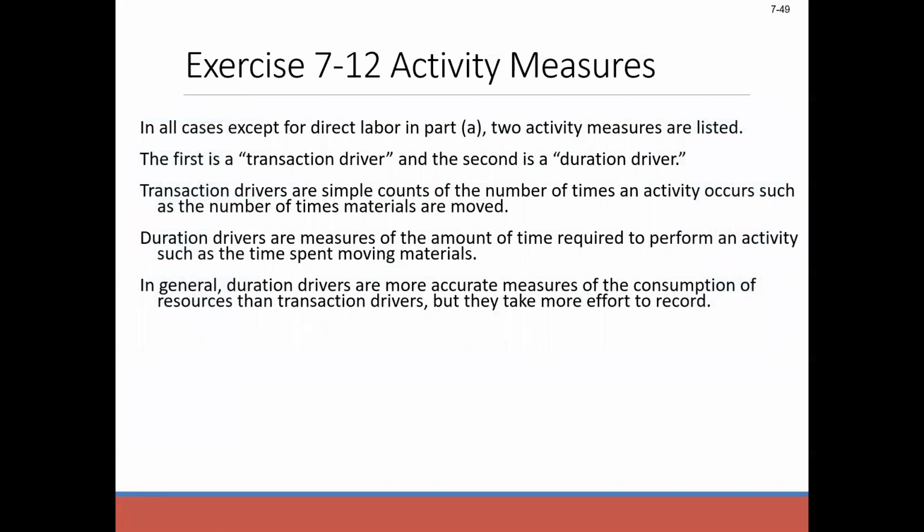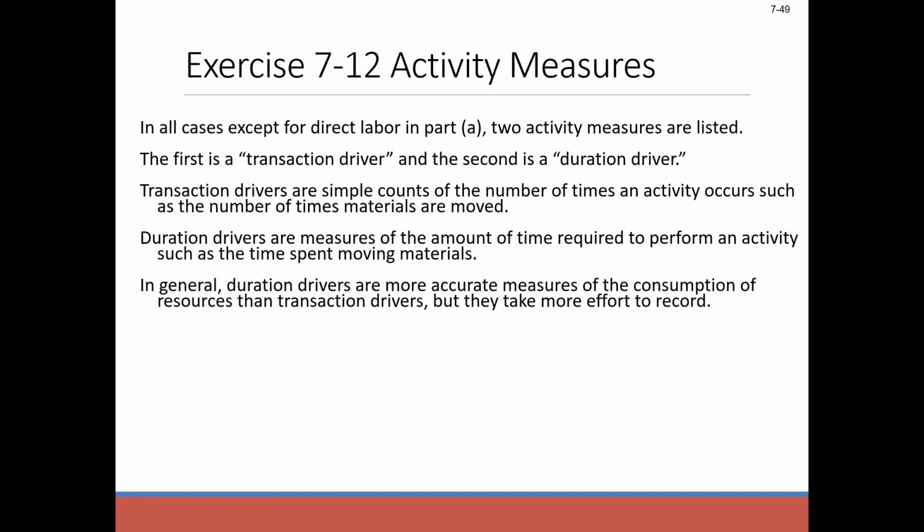Okay. So in all cases, except for direct labor hours, in Part A, two activity measures are listed. The first is a transaction driver, and the other one is a duration driver, time. Transaction drivers are simple counts.